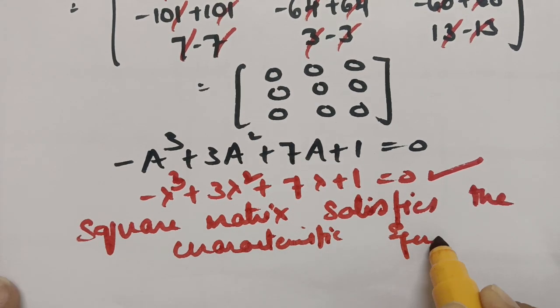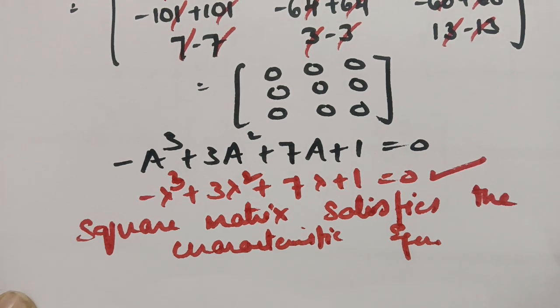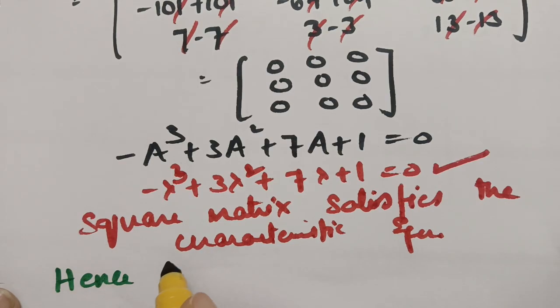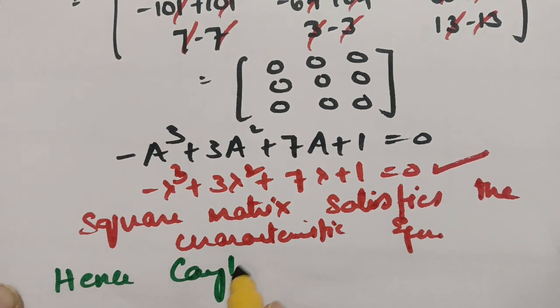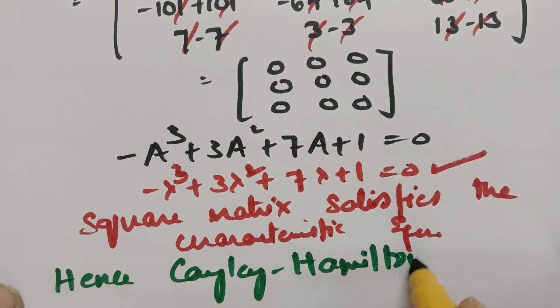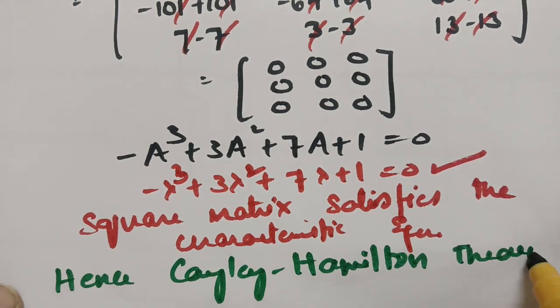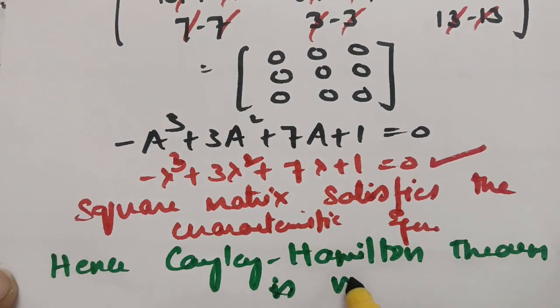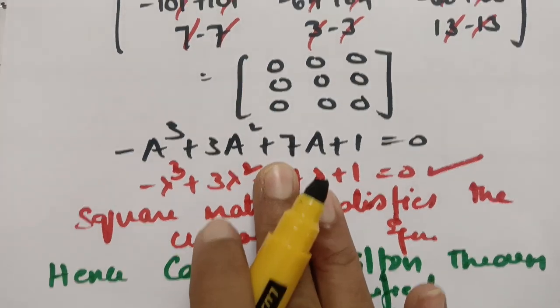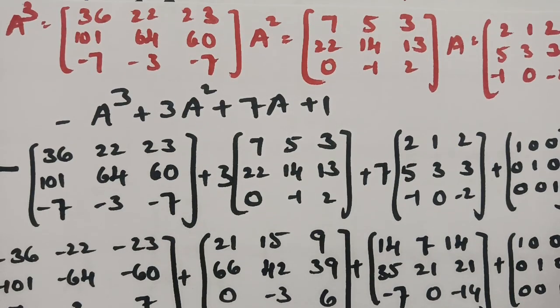So if it satisfies the characteristic equation, hence the Cayley-Hamilton theorem is verified. So this is verified. Clear? So this is how we have to show that it is verified, and after the verification part we have to find the A inverse. So this is most important.